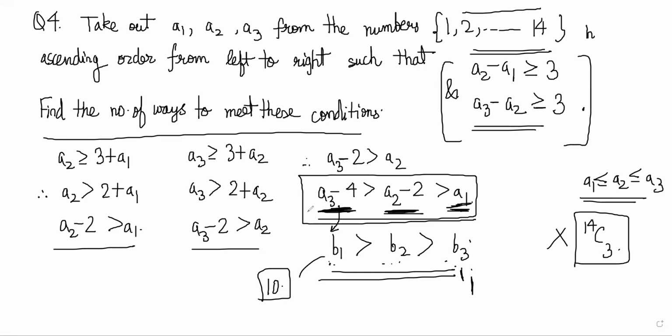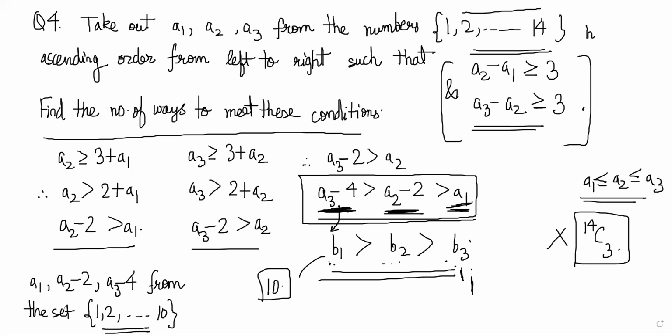So what we are saying is that we can select A1, A2 minus 2 and A3 minus 4 from the set 1 to 10 without any restrictions. Why 1 to 10? Because the highest value of A3 minus 4 can be 10 and the lowest value of A1 can be 1, right?